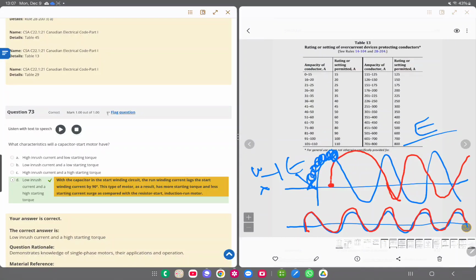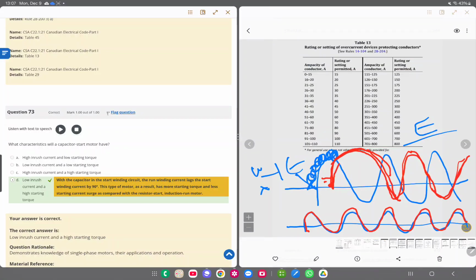So the current is running ahead. So the current is leading the voltage. Right? So if the current is leading the voltage in the winding with the capacitor, then the current is also going to lead the current in the winding without the capacitor.